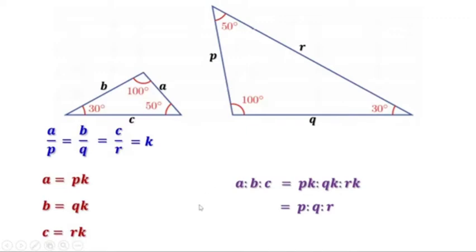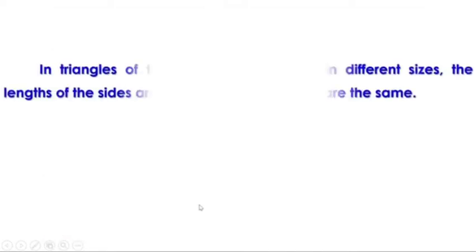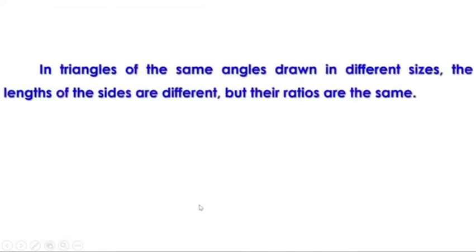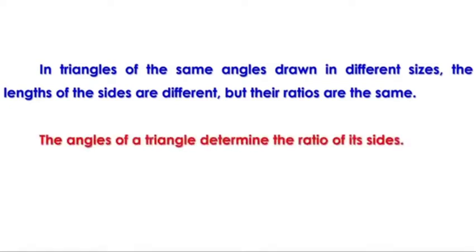That means each side of the larger triangle is K times the side opposite the same angle in the smaller triangle. In triangles of the same angles drawn in different sizes, the lengths of the sides are different, but their ratios are the same. Even though the lengths are different, their ratios will be the same, that is what this property says. So we can say that the angles of a triangle determine the ratio of its sides.